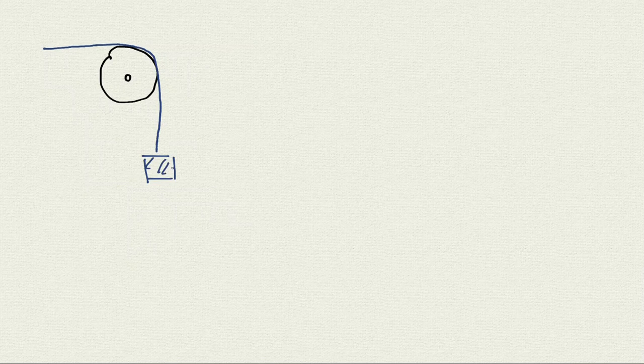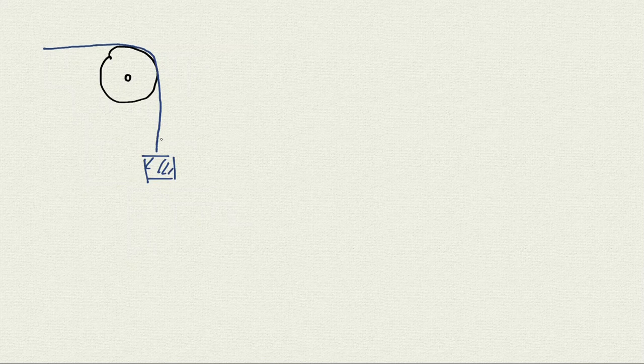If you have a pulley and rope, for example, assume I have a pulley like that, and then I have a rope going through that. Then I have a weight here.